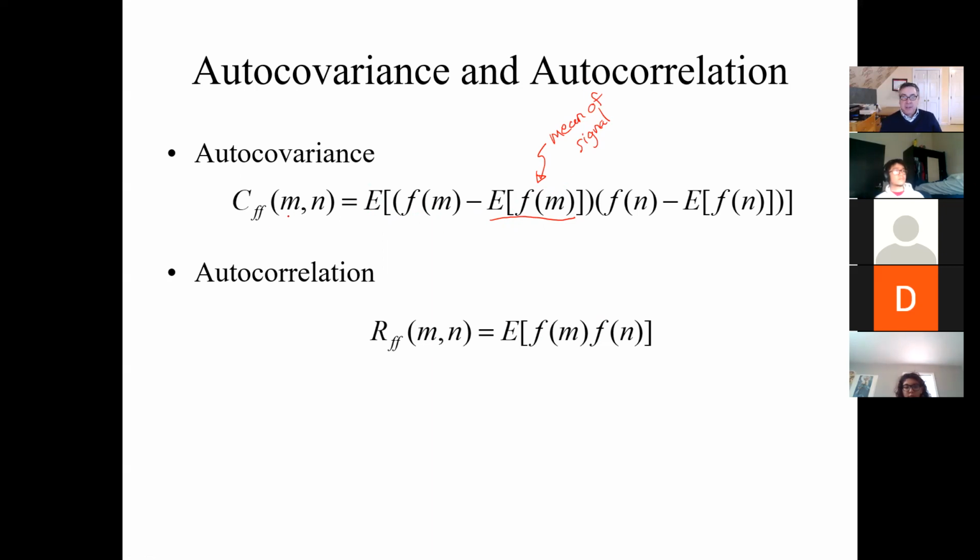But we're talking about the autocovariance at time points m and n, the statistical relationship between those two points in time. And autocorrelation, again, is similar. It's just the product of the signal at those two time points.